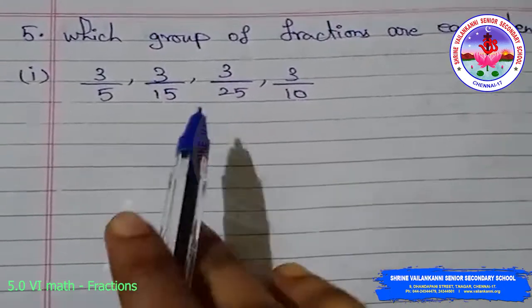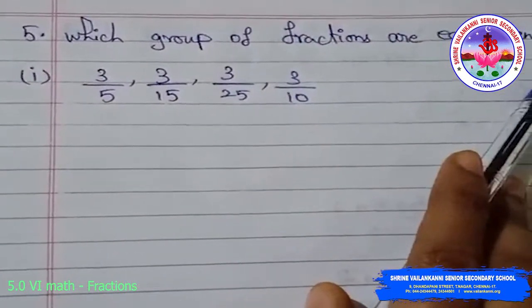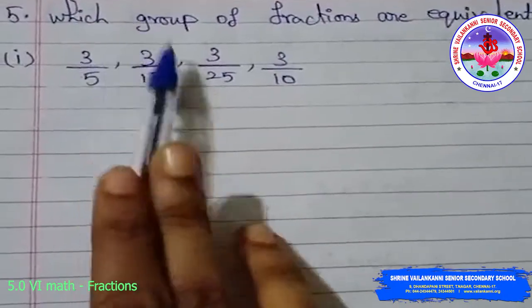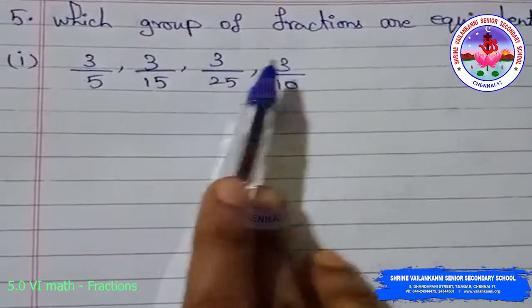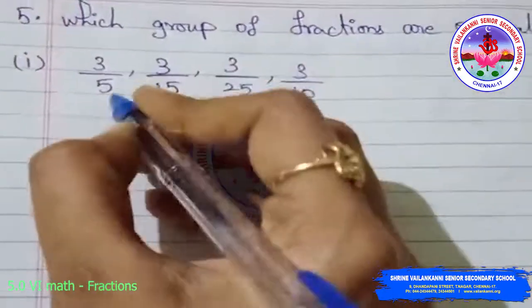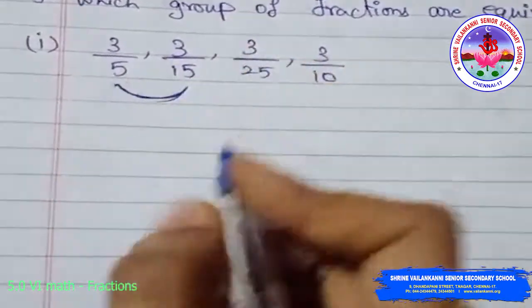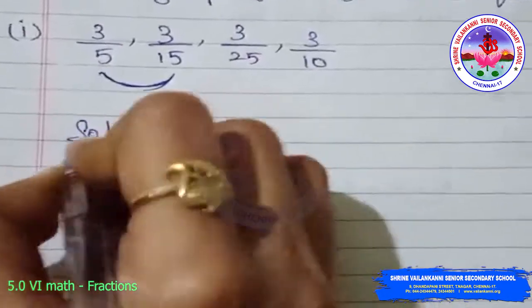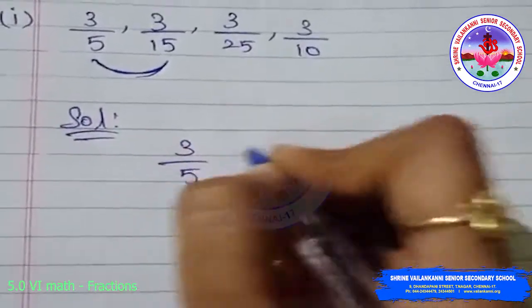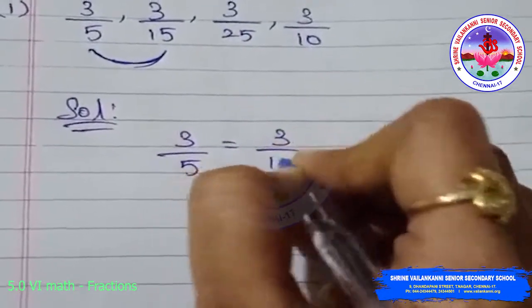Next, fifth question. Which group of fractions are equivalent? 3 by 5, 3 by 15, 3 by 25, 3 by 10. First, check whether the first two fractions are equivalent. Solution. 3 by 5 equal to 3 by 15.